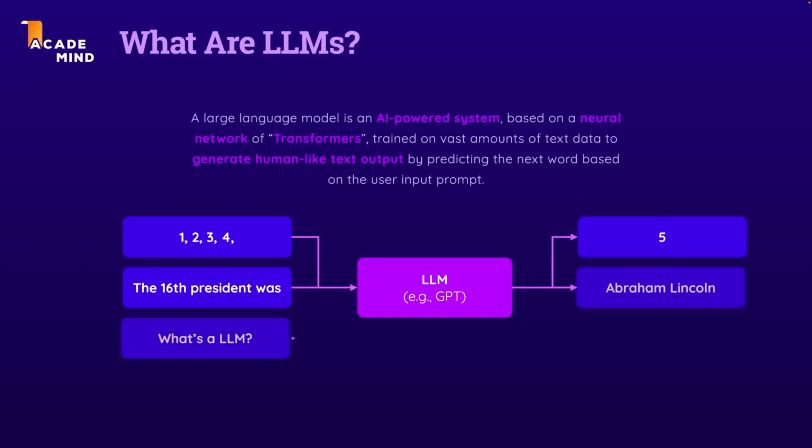And this could be a sequence of numbers, but it can be any kind of sequence, including a sequence where you maybe ask a question and the continuation of that sequence then is the response to that question.